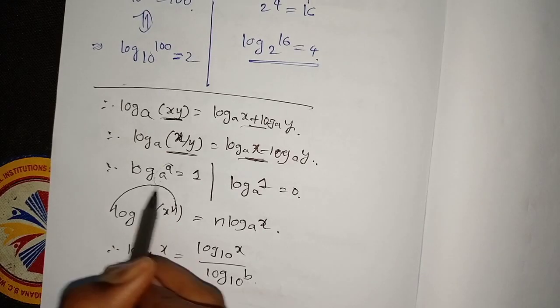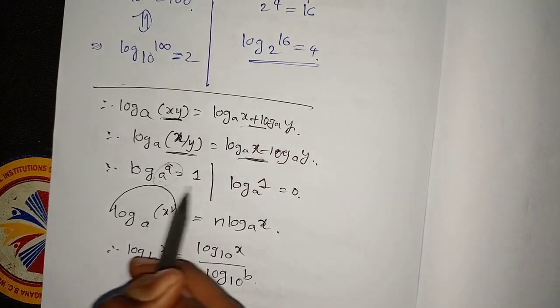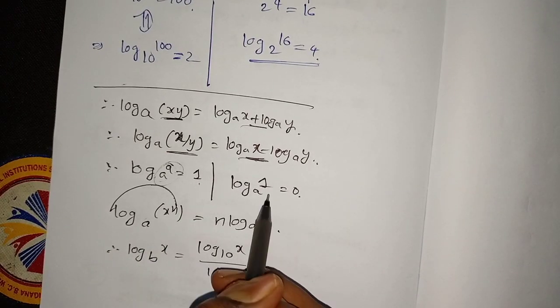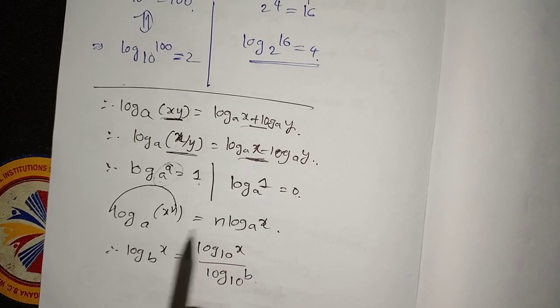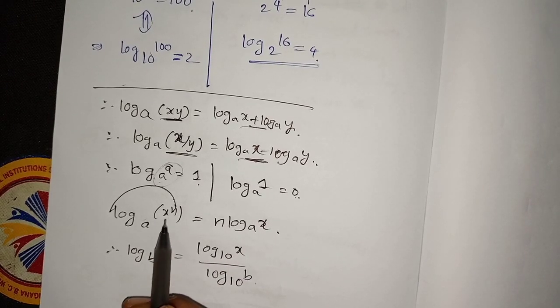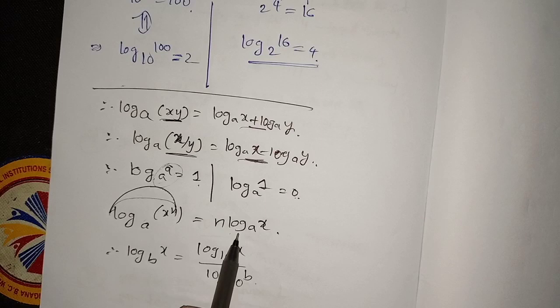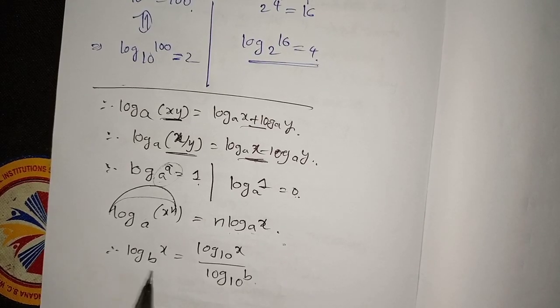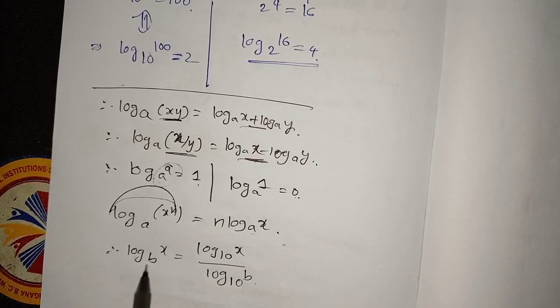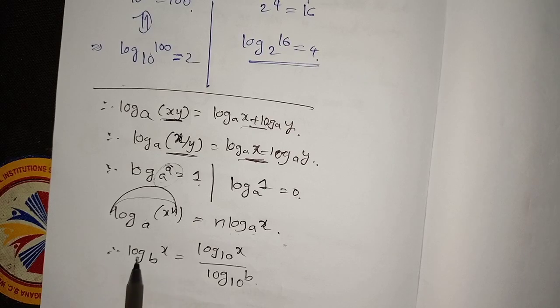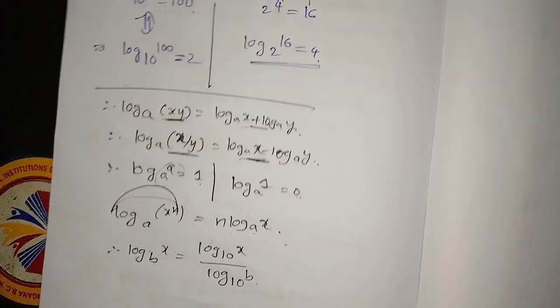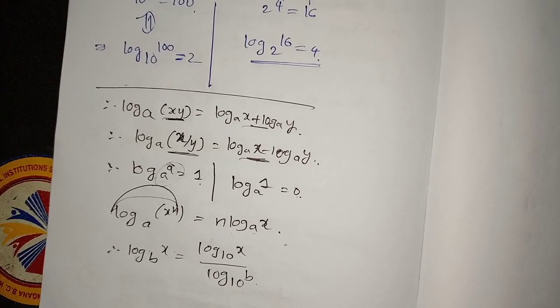If same power and base are there, it is equal to 1. If power is 1, that is 0. If there is n, it goes to this side, that is n log a power of x. So log base b power x is simply log x by log b. Simple. So guys, let's do a couple of problems to understand this concept.